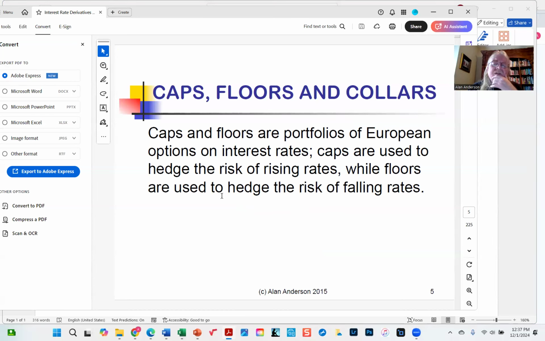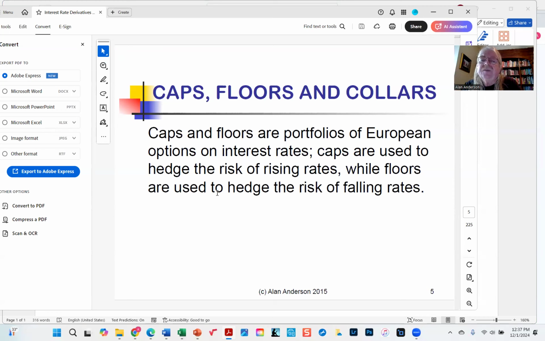So caps, floors, and collars are kind of all lumped together here because, interestingly enough, these products are effectively portfolios of options. They're not really individual options. They can be thought of as portfolios of options. Because, for example, what if I'm worried about rates going up over the next year and every 3 months I need to make a payment of some kind?